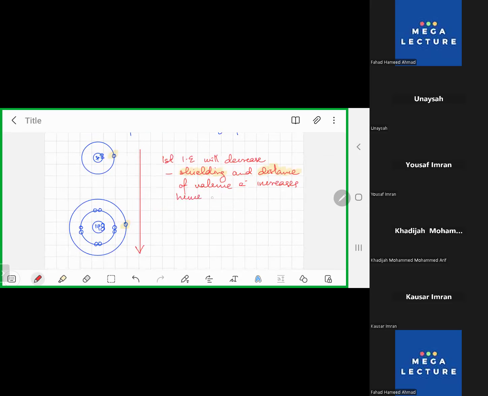Hence, there is less attraction between nucleus and valence electrons.